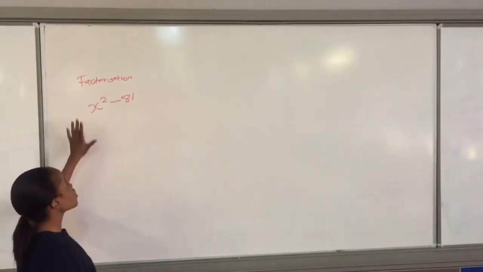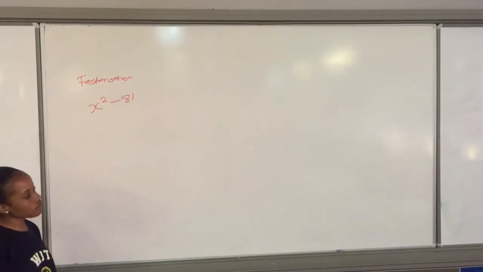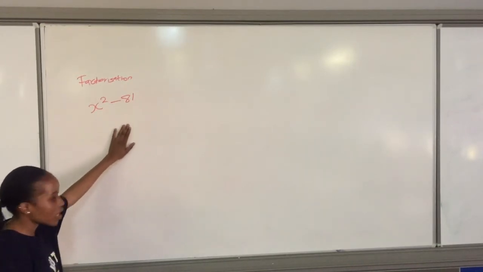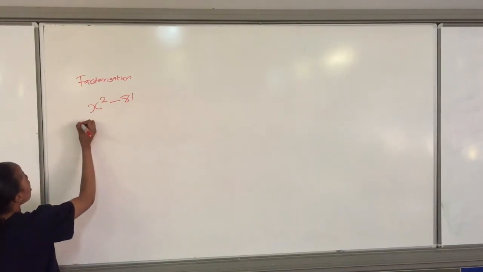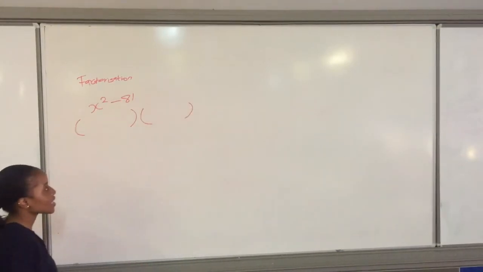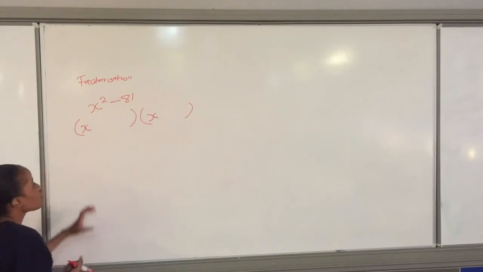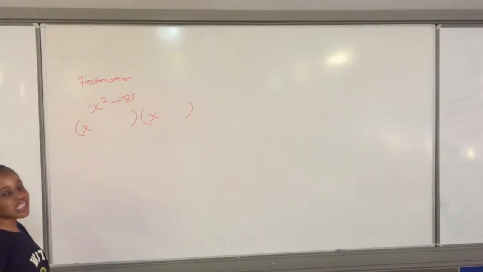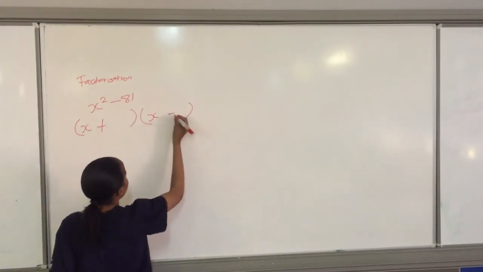So here when we continue with our factorization, right? Here we're having difference of 2 squares, whereby this is a perfect square, right? So what you're gonna do here, grade 10s, is you're gonna open brackets like this. When you open brackets like this, you're gonna have an x here, and then you know that when you're dealing with difference of 2 squares, you're gonna have 2 different signs in your brackets, meaning that here you're gonna have a plus, here you're gonna have a minus.